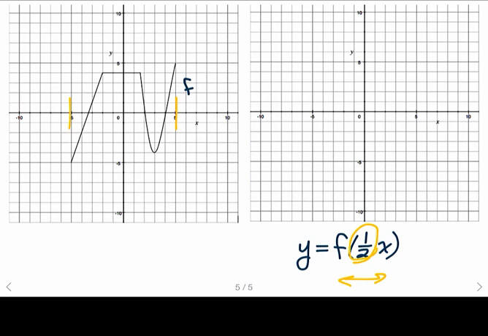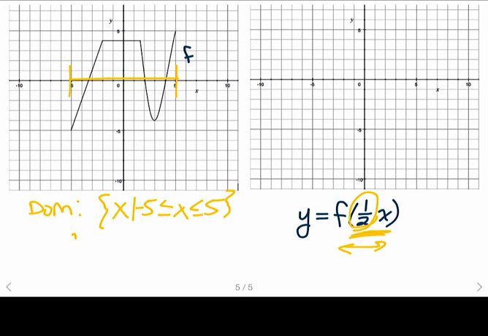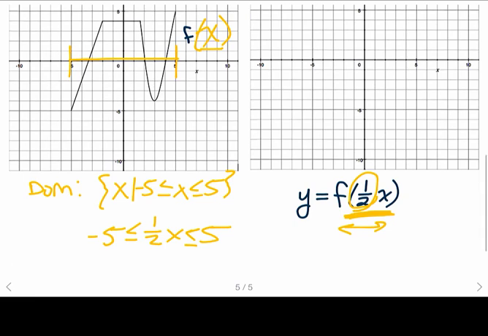The domain is the set of x such that x is between -5 and 5. So if f of x means that x goes from -5 to 5, f of 1/2 x means that 1/2 x goes from -5 to 5. And solving this inequality will mean doubling everything, and so x will go from -10 to 10. So that's kind of the reason for why it's counterintuitive. The 1/2 inside the argument actually leads to a stretch.